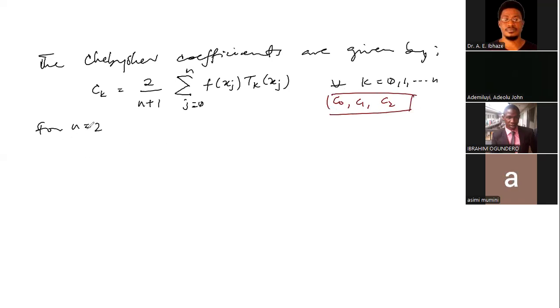We know that we got to this because the degree of the polynomial n is the same as 2. This is the second order, okay?